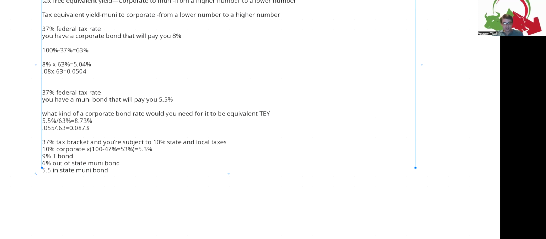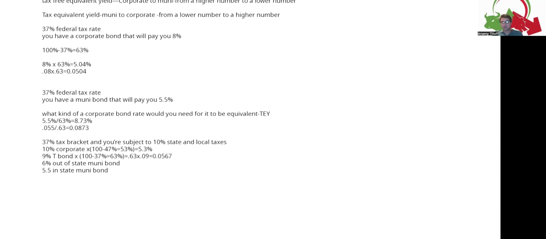So the question is going to be 63% times 9%. 0.63 times 0.09. That's going to be 5.67, right? So this looks like it would be a little bit higher. Again, you're not going to have a 9% T-bond, but just for the sake of this question, because you're avoiding the state and local, you end up getting a higher amount after taxes, 5.67%. And that beats the in-state muni bonds.